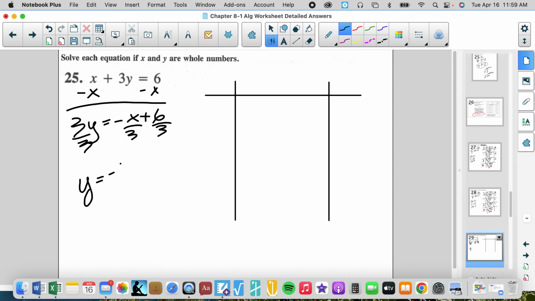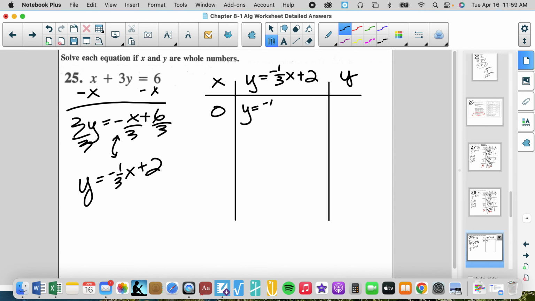Okay. And so there is my isolating for y. You notice that I chose to write it as a fraction instead of -x over 3 like this. I changed these two. Those are the same, just because I'm going to plug in values. So x, y, here's 0. Let's plug in 0.